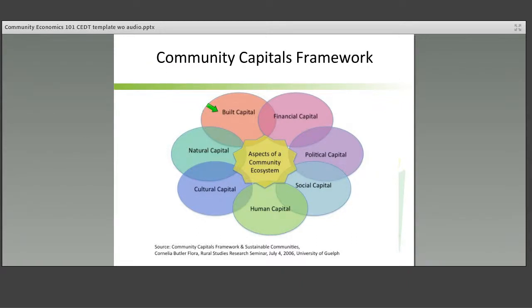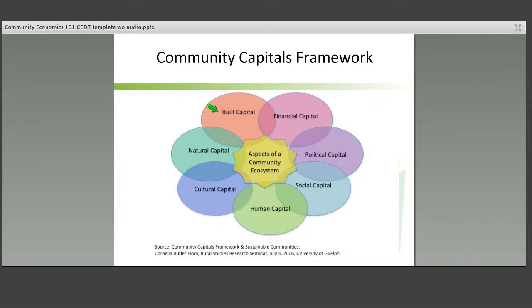And of course, financial capital and the inflows, the dollars in, the dollars out, the grants and loans that might be available from USDA Rural Development or other agencies are an important part of the whole mix. And really, a community cannot function without them. But it needs to be taken into consideration with all of the other dimensions of a community that are also important to make it a nice place to live.